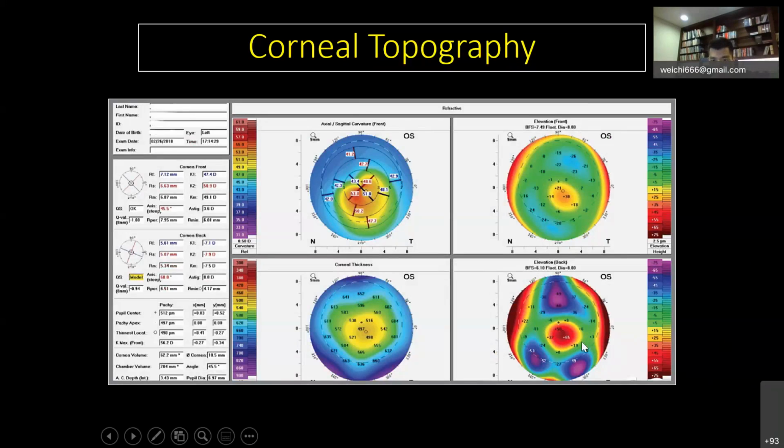There's an abnormal curvature here because the cornea structure at this region is particularly weakened. So you have protrusion of the ocular tissue over here, and that causes an abnormal curvature.